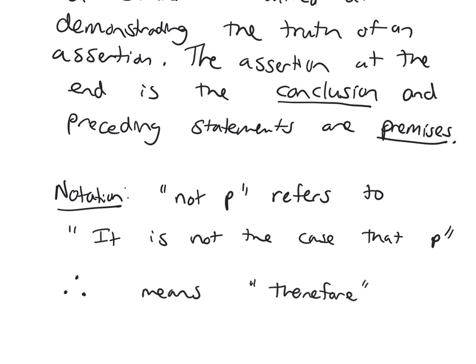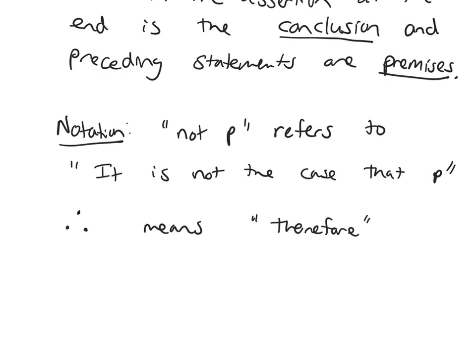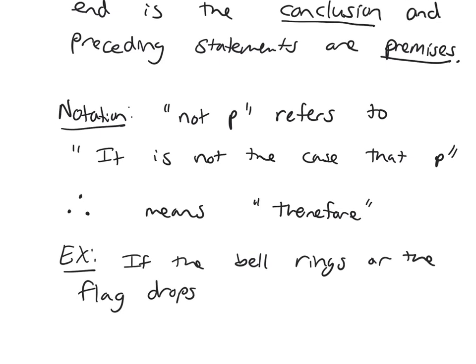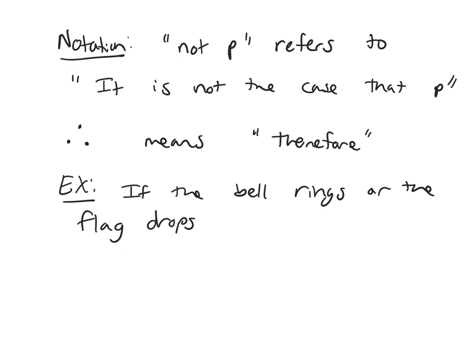So let's look at an example of an argument. If the bell rings or the flag drops, then the race is over.